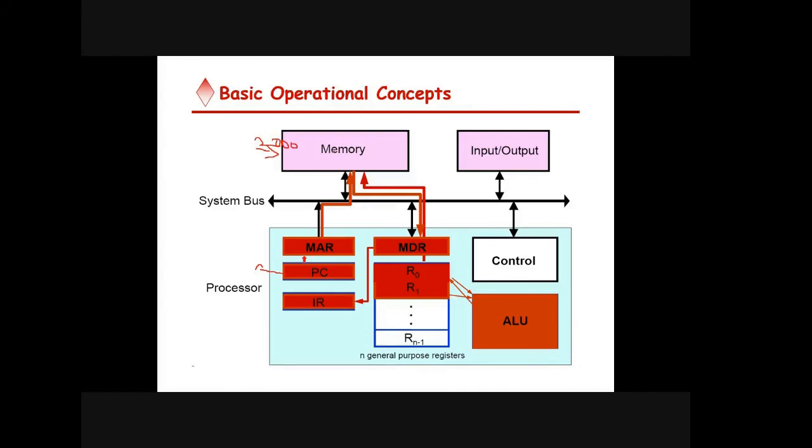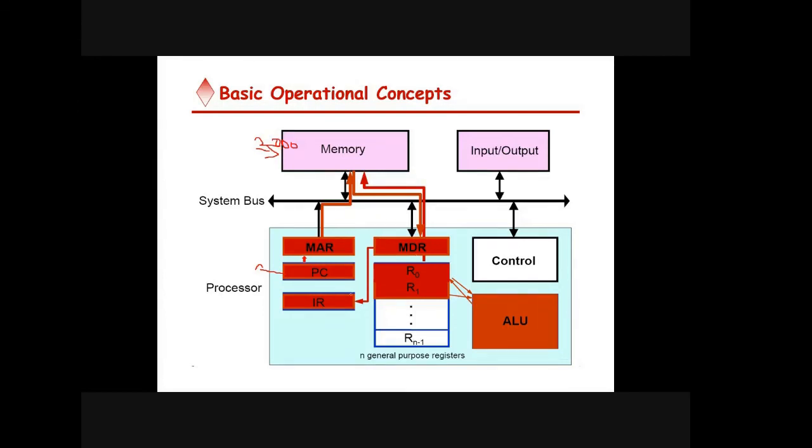The control unit will also generate a read signal, so that the memory unit understands that from this address 2000, it should read the data and give it back to the processor. The instruction present in memory location 2000 will be fetched from the memory and stored into MDR.